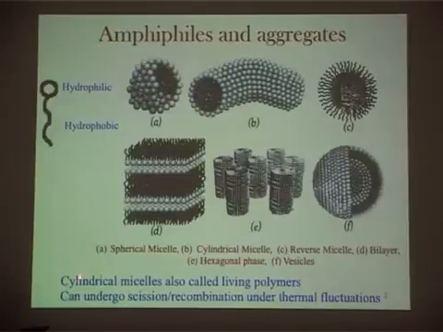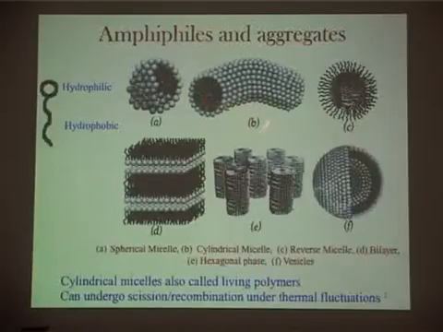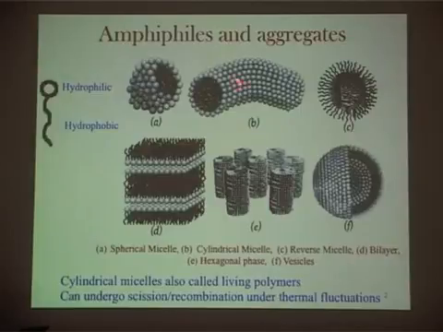So these cylindrical micelles, which are of interest here, are also called living polymers because these objects form by self-assembly and they can break and rejoin, and so they are always in a dynamic equilibrium in solution. Okay, so they are called living polymers because the length can fluctuate as a function of time.